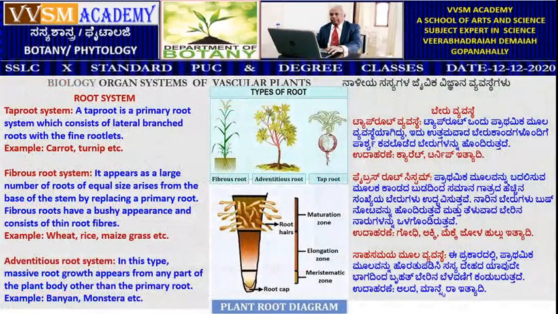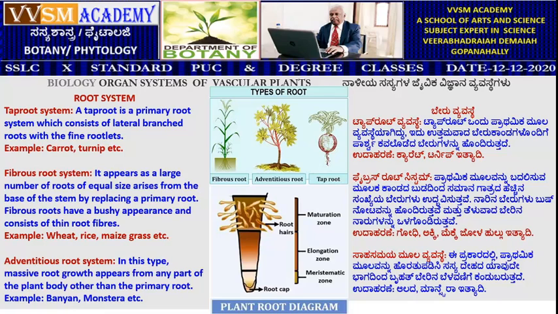Root system. Types of roots: fibrous root, adventitious root, tap root. My dear friends, root system, tap root. A tap root is a primary root system which consists of lateral branched roots with defined rootlets. Example, carrot, turnip, etc. Fibrous root system: it appears as a large number of roots of equal size arising from the base of the stem or by replacing a primary root.